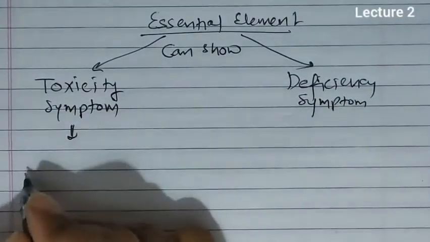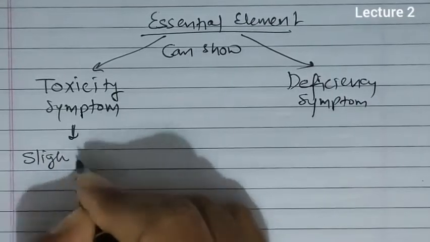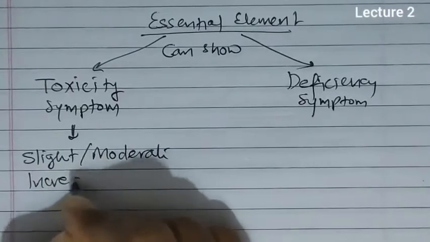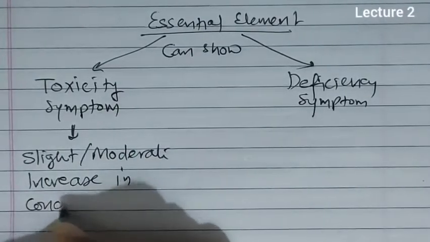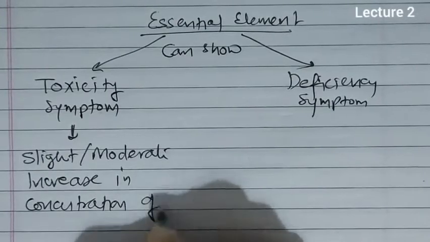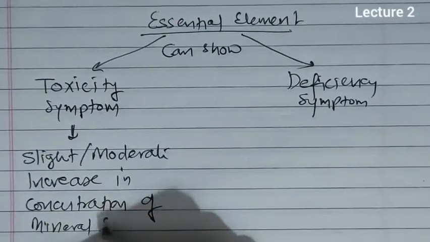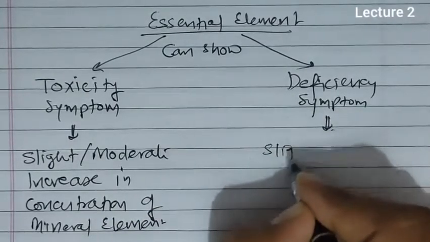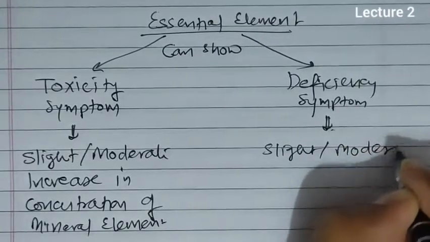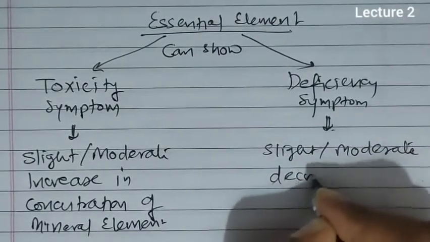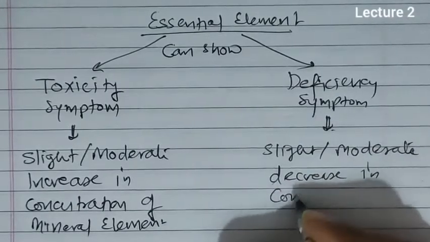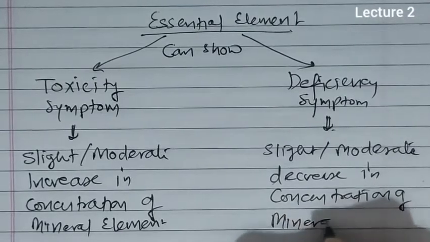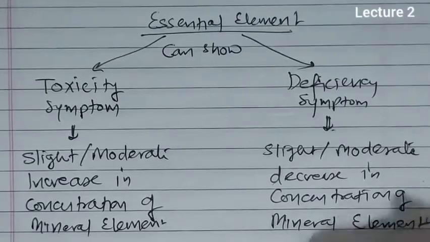Toxicity symptoms will appear when there is a slight or moderate increase in the concentration of a mineral element, and deficiency symptoms will appear when there is a slight or moderate decrease in the concentration of a mineral element.